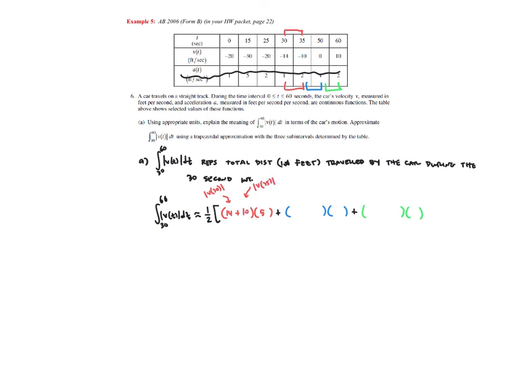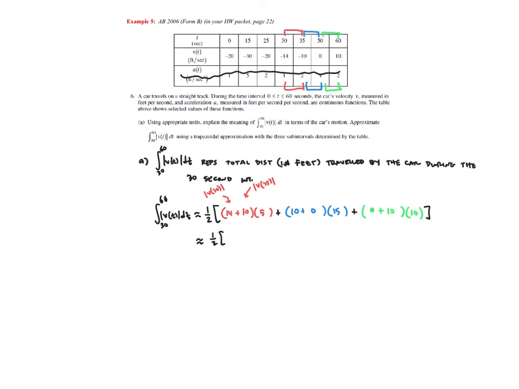Now that absolute value of v of 35 is going to show up again in the next interval. The next interval has a width of 15. The absolute value of v of 35 is 10. Absolute value of v of 50 is 0. Our third interval has a width of 10. And we get 0 and 10. So calculations are relatively easy here, but we can go ahead and lay them out.